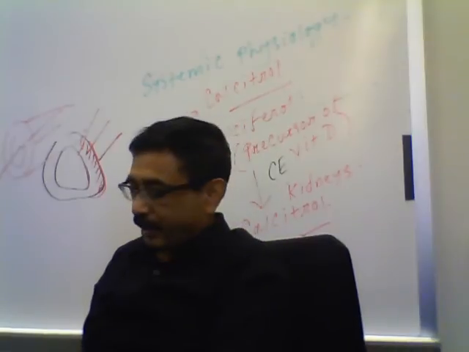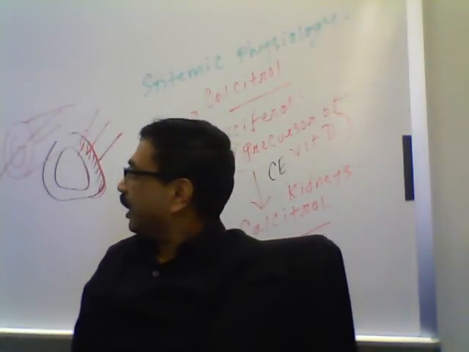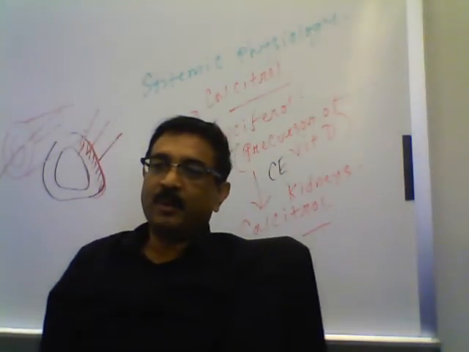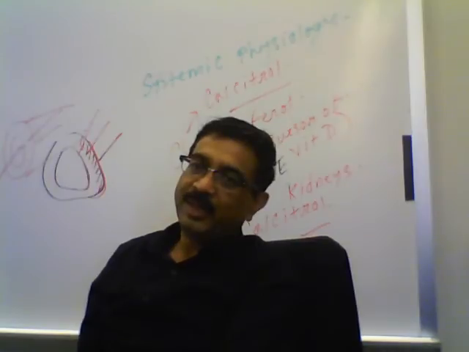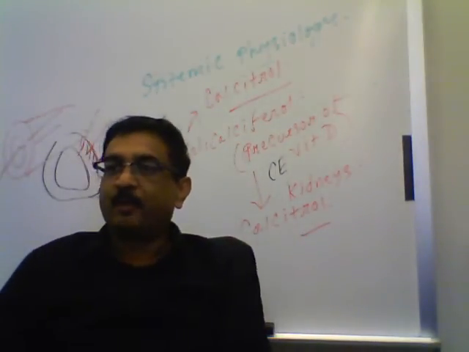Okay, so I will show you the important endocrine glands. In your head, in the brain, you have two important endocrine glands. Both start with P: pituitary and pineal.